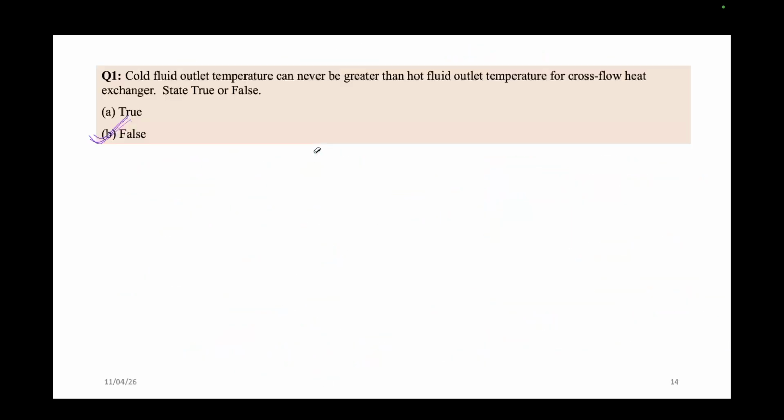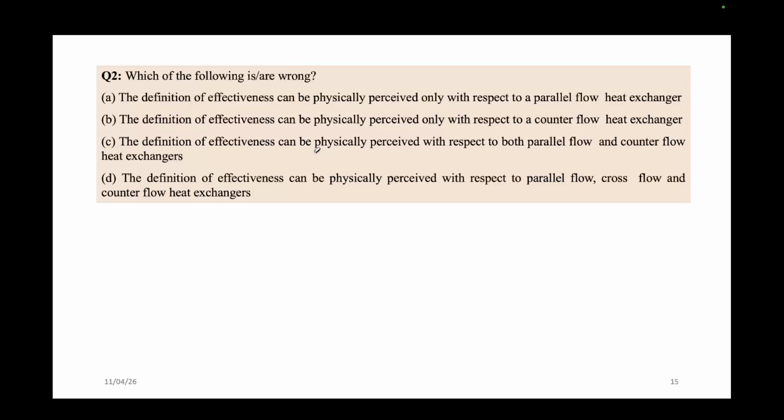So next thing. This first question I have already discussed. So try to answer this question. I'm just giving you 1 minute because you have to recall all these things.